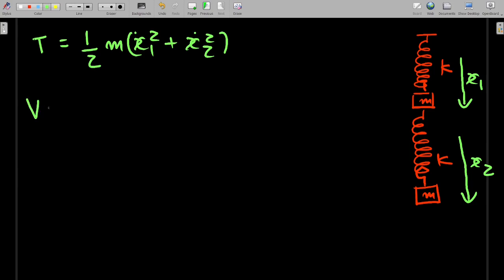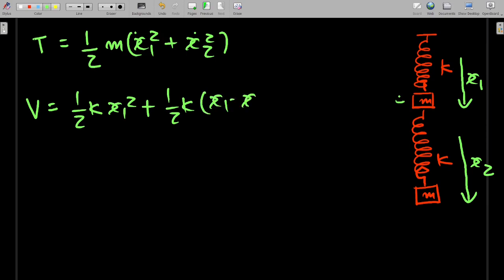The potential energy of the system is V equal to half K. For x1 we have only one spring, so it will be half K x1 square, and if we stretch this x1, then there will be compression in x2, so your potential energy is half K (x1 minus x2) whole square.